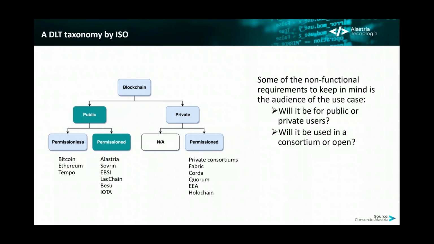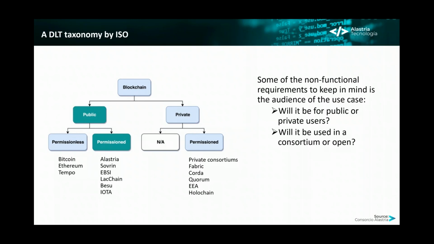Even Quorum, which is Ethereum-based, was designed by JP Morgan and thought for a private consortium, or Holochain, which I had mentioned, that is thought more for the private side than an open one. But on the other side, you see the public ones: the most famous, Bitcoin and Ethereum, which are the biggest, but also Tempo, which is located there probably to be the replacement for the other ones in the future.